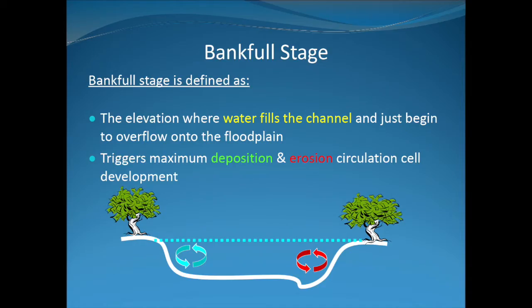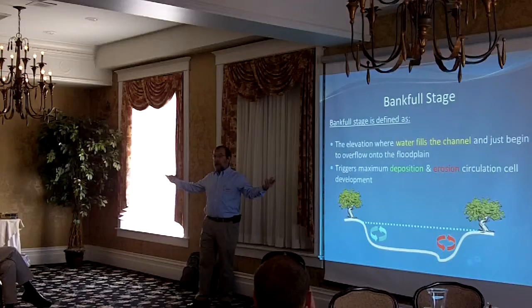So that was a quick morphology lesson. This is just defining what the bankfull stage is in a very brief way. Sometimes it's not as easy to see, but it's the part that just fills the channel and starts to go on a floodplain.